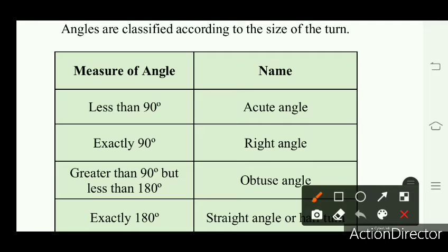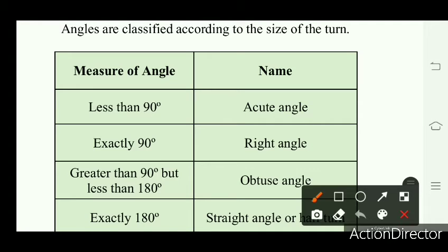Now the measure of an angle and the name of the angle. An angle less than 90 degrees is known as an acute angle, and an angle that is exactly 90 degrees is known as a right angle.